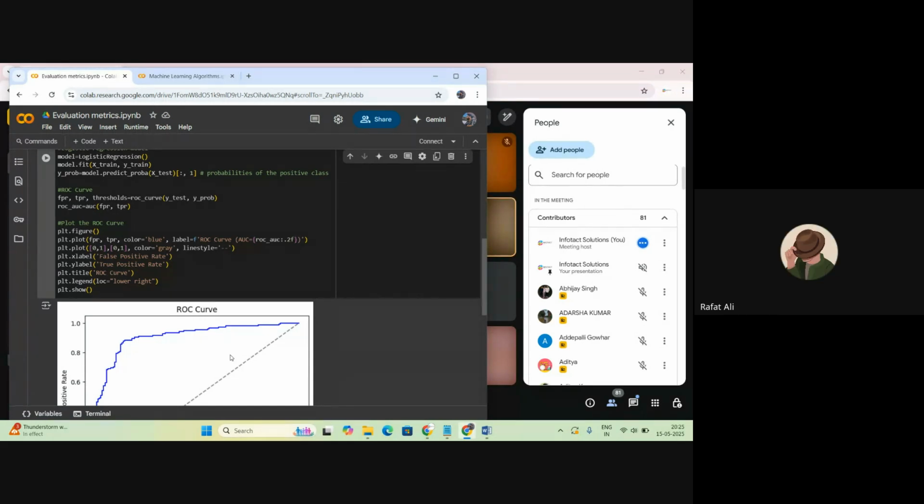EDA is important in data analytics, very important, because you have to understand the data properly by using various plots and graphs. First of all, we have to install this package.